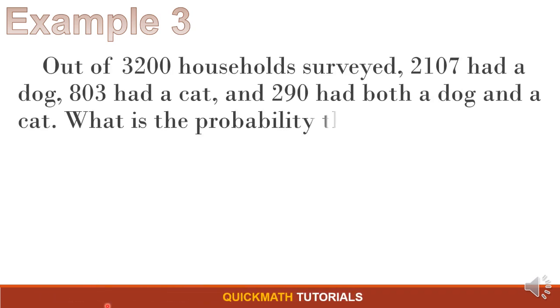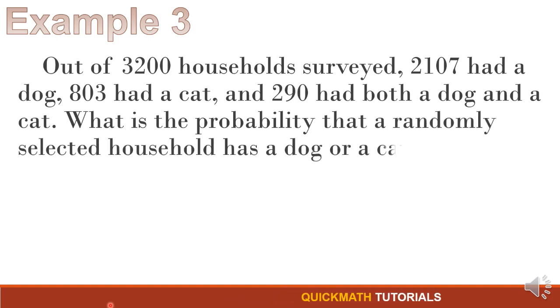And for our last example, we have, out of 3,200 households surveyed, 2,107 had a dog, 803 had a cat, and 290 had both a dog and a cat. What is the probability that a randomly selected household has a dog or a cat? So for our first step, we will list what are given in this problem.